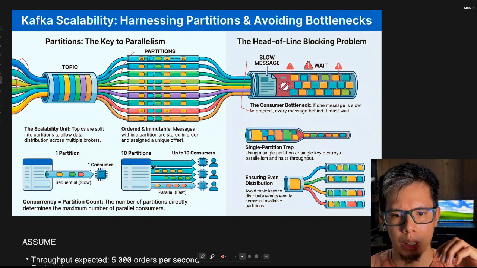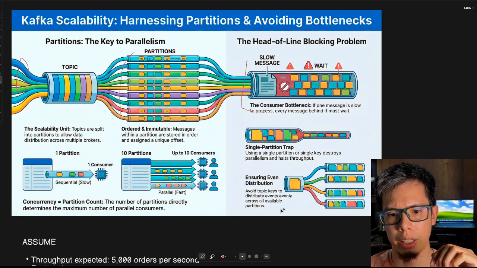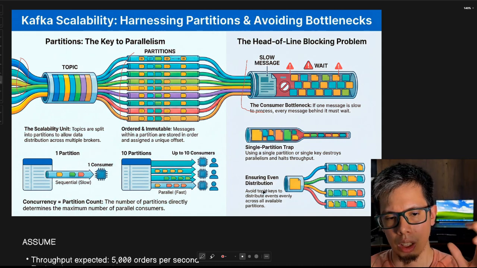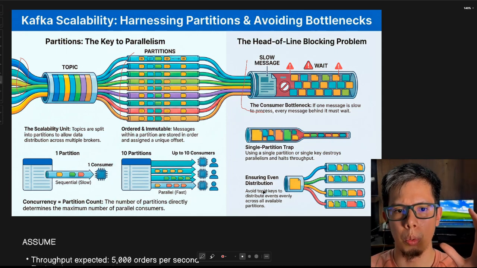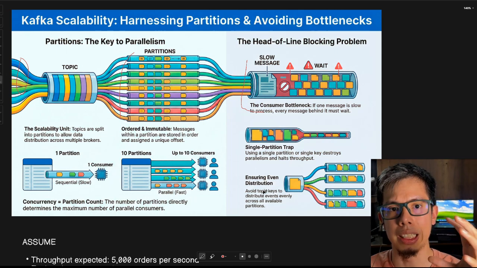And there is another concept that maybe we can talk about, which ensures even distribution, and the topic keys. This case is the default case when you have a topic and you want to work in parallel with any topic that the broker receives, right?